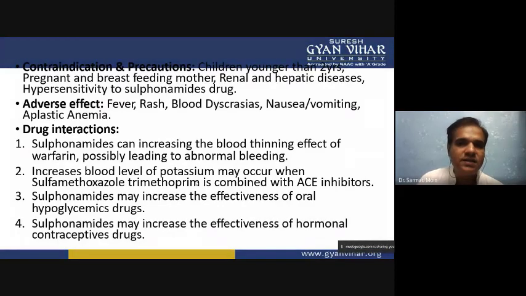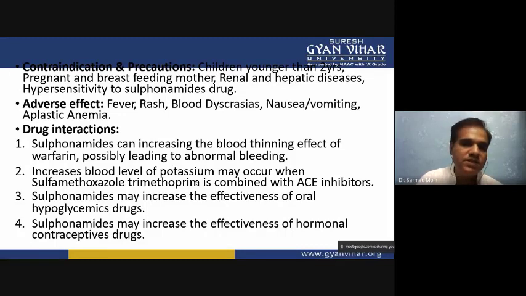Now, contraindications and precautions. Children younger than 2 years, pregnant and breastfeeding mothers, and patients with renal and hepatic disease or hypersensitivity to sulfonamide drugs should not be given these drugs. Again, pregnant and breastfeeding mothers, and small children less than 2 years, we should not give.